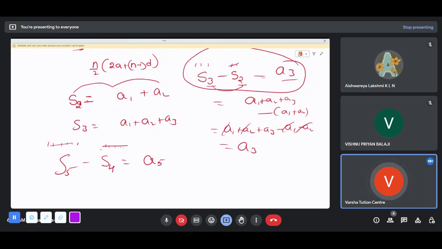These first 2 terms cancel, and only the last term is left. Yes or no? What is that last term? The last term of S3 is A3. Correct? So when you do S5 minus S4, what will be left out?